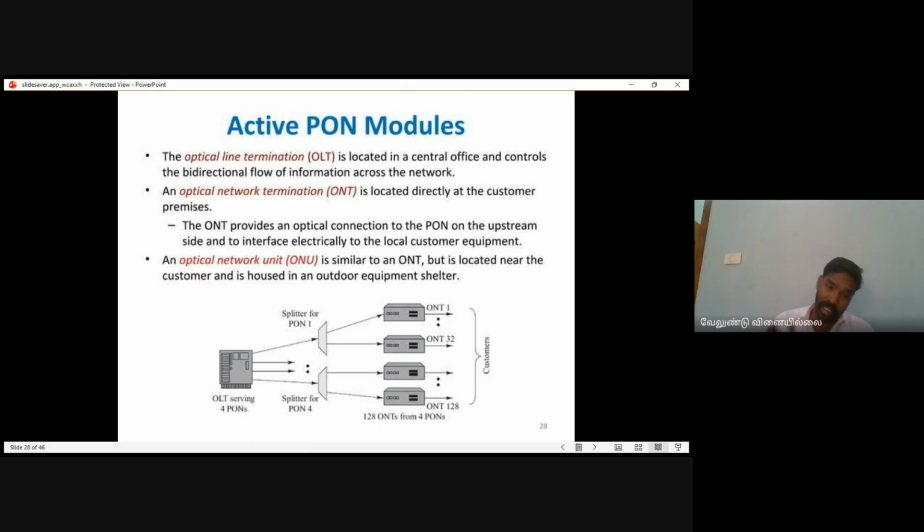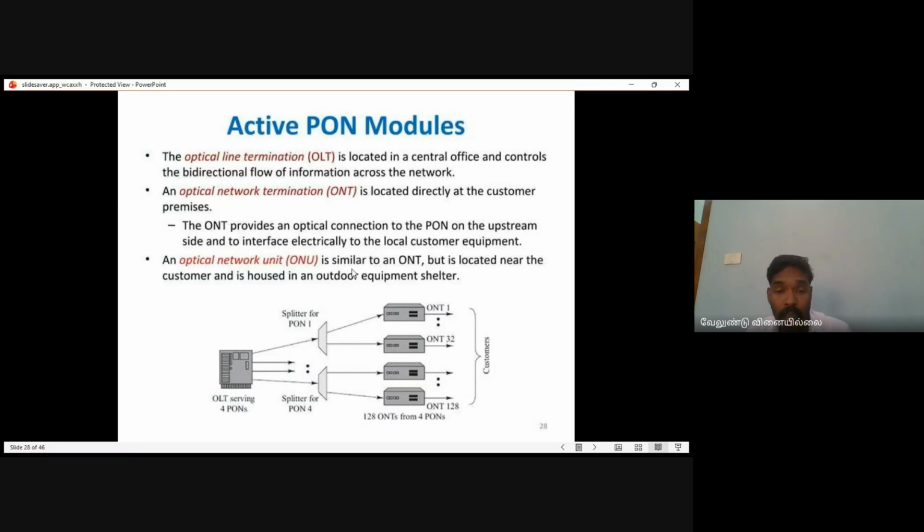It combines active and passive. It has OLT, optical line termination, ONT, optical network termination, and ONU, optical network unit. So these are the different modules.